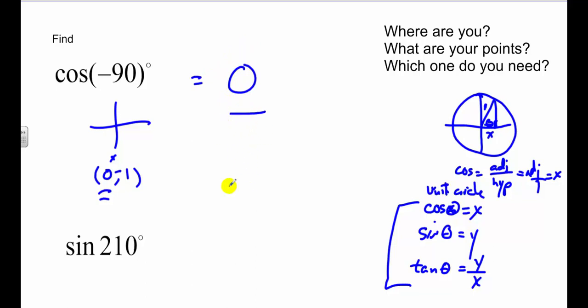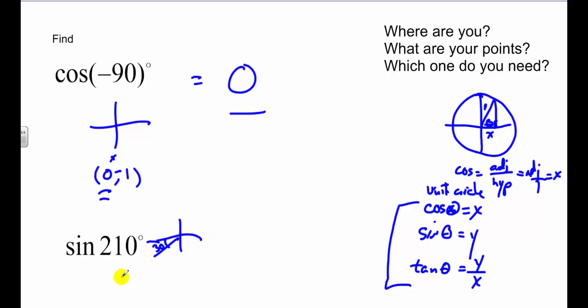And there's my answer. When I'm talking 210 degrees, let's find out where we are. 210 puts me right here. And what I know about 210, which is very important, is it's 30 degrees away from the horizontal axis. So it's going to have the same x and y coordinates as 30 degrees.